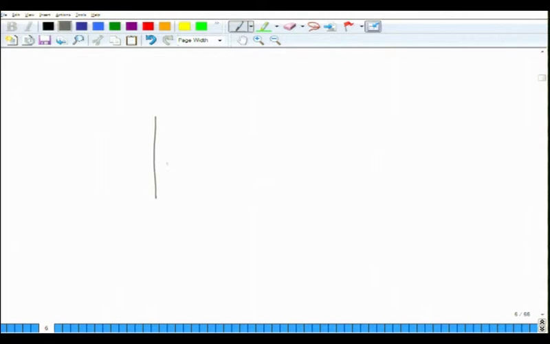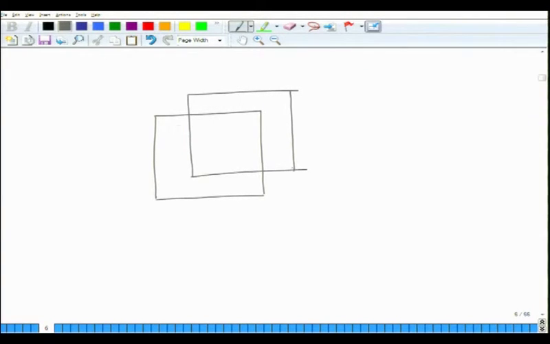If I put the titanium atom at these corners, let's say these are titanium atoms.